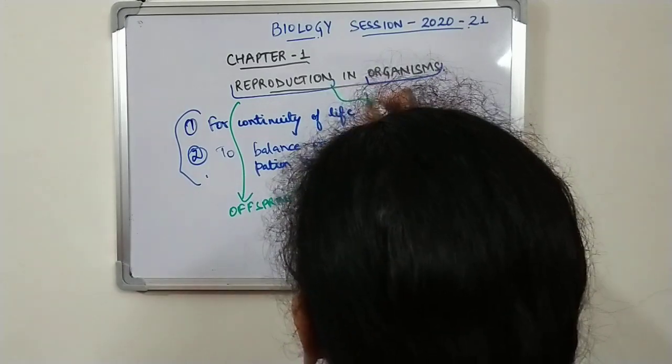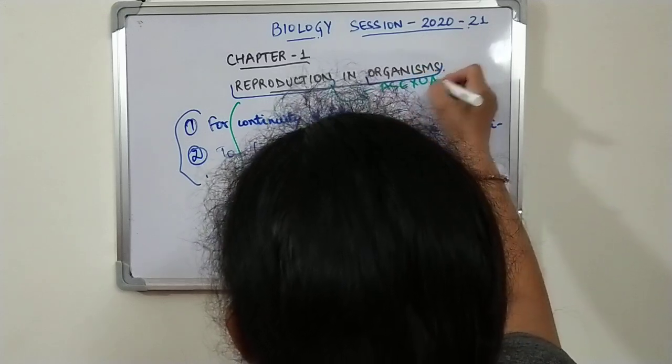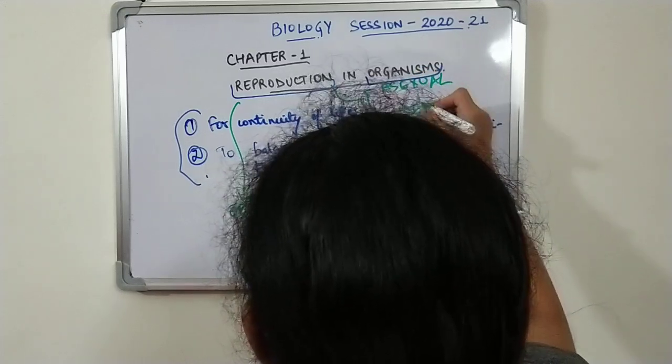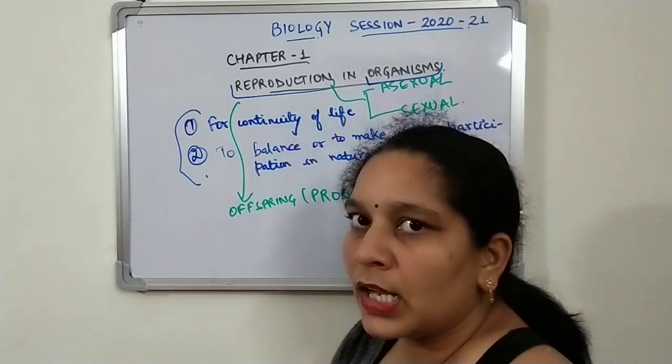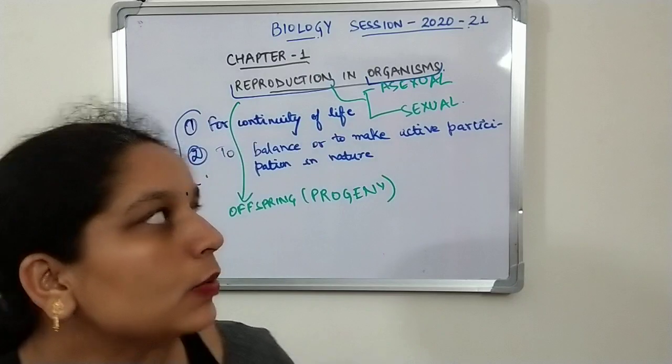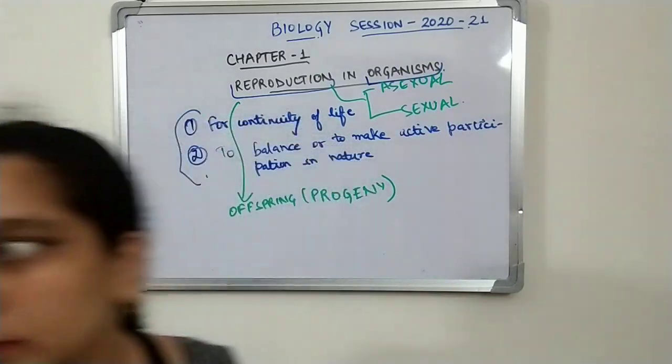The first is known as asexual reproduction and the second is known as sexual reproduction. Now I am going to tell you the basic differences between the asexual and sexual one.